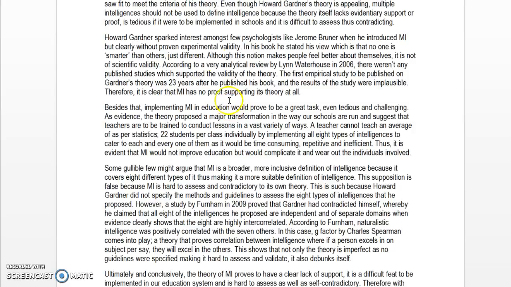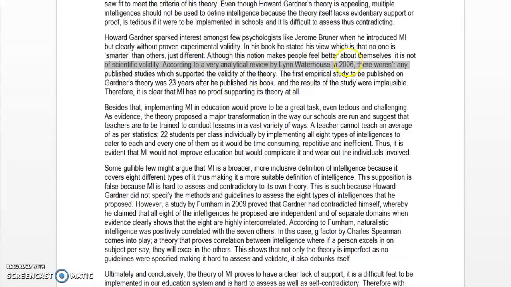For the first and second body paragraph, this is the topic sentence where you state the first main idea and the second main idea. These are topic sentences. All the rest that follows, starting from here, in his book he stated, and all this, they are called supporting sentences, evidence.